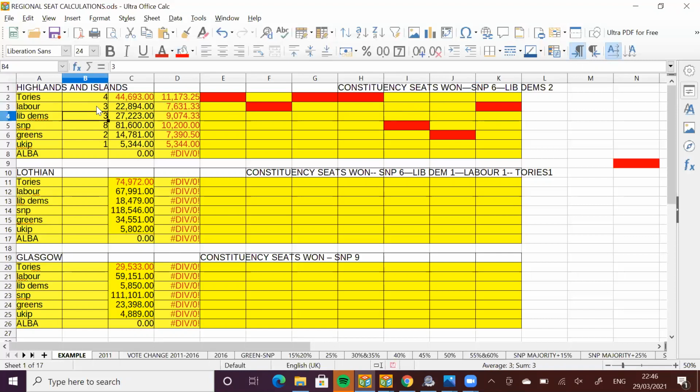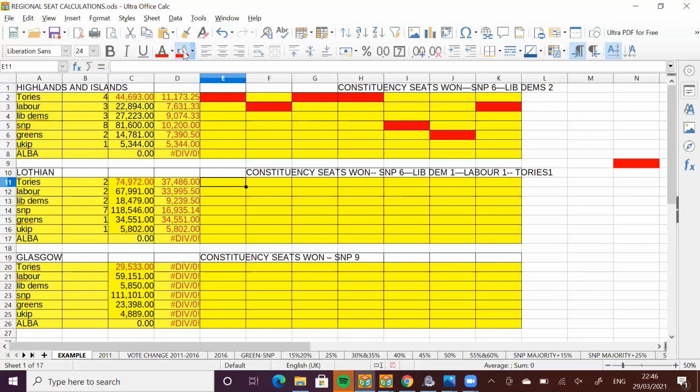So just another example, say in Lothian. Here the SNP won 6 seats, Lib Dems 1, Labour 1, Tories 1 on the constituency vote. So this would be added in. So the Tories would be 2, Labour 2, Lib Dems 2, SNP 7, Greens 1, UKIP 1.